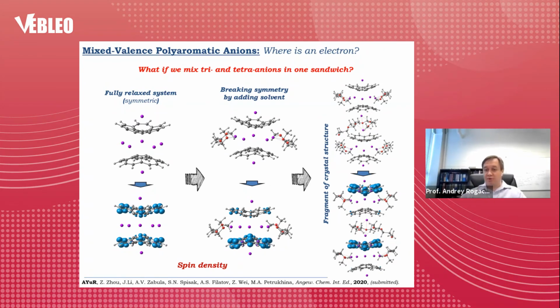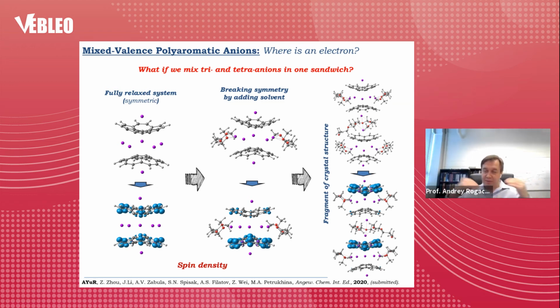And we asked our collaborators to test this experimentally, and they were able to crystallize that and do some measurements. We did calculations for a fragment of the crystal structure, and we found an interesting thing: if we take this crystal structure, the spin density is localized purely on only one ball.